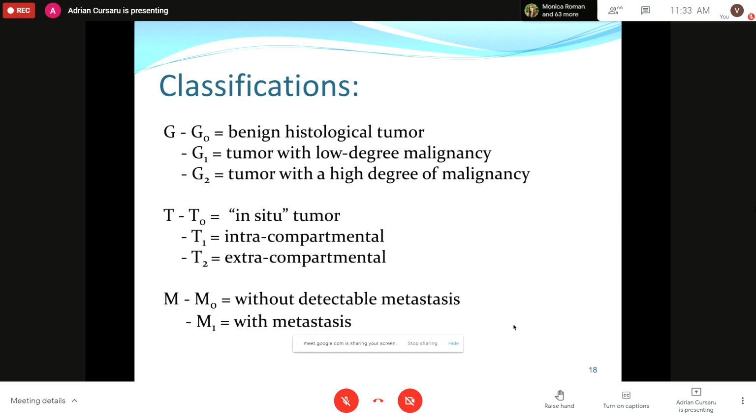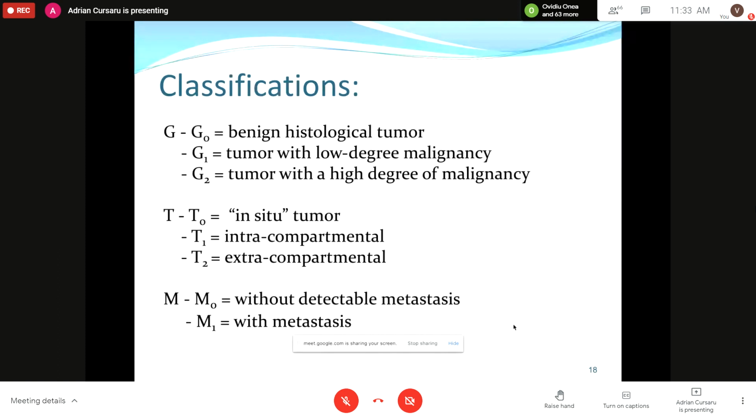It is very important to establish, because of the chances of metastasis, whether skip metastasis or metastasis at a distance, so it is very important to establish the type of T. And M, we are discussing M0, which means we don't have any metastasis diagnosed.